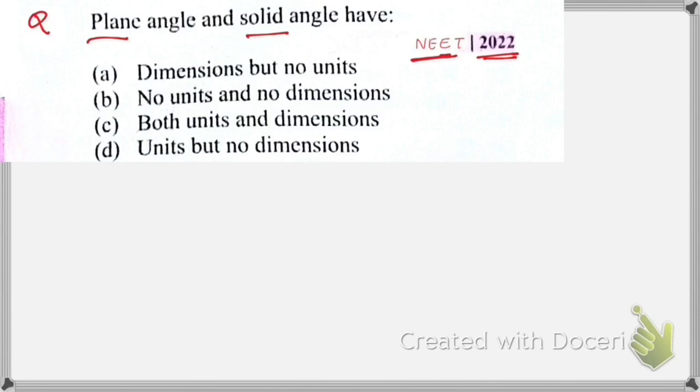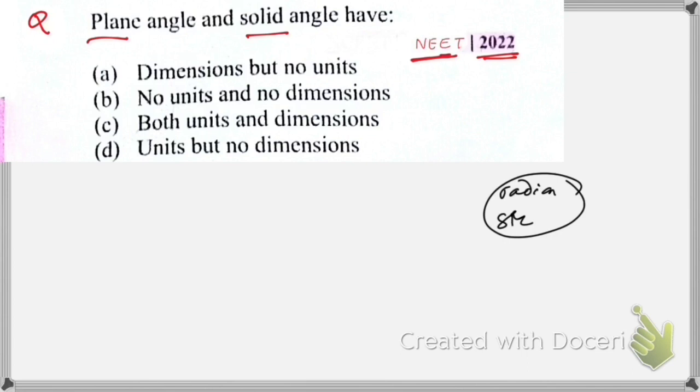If you have studied this chapter, units and measurement, then you must have learned that the radian and the steradian are the SI units of supplementary quantities, and these are dimensionless.